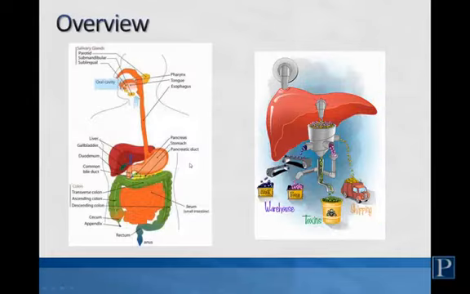So as an overview, you all should know that the liver is considered to be the largest visceral organ in our bodies. It is found in the upper right hand portion of the abdominal cavity, just below the diaphragm, on top of your stomach, which is here, above your right kidney and the intestines.